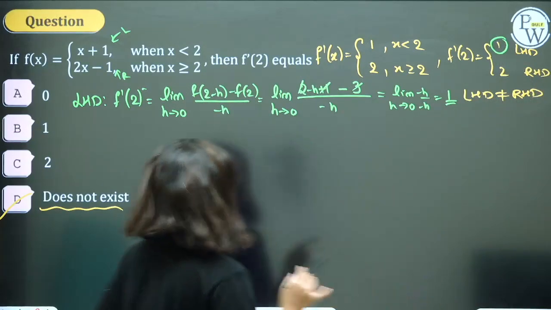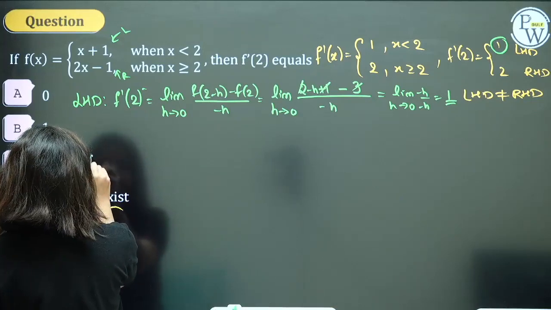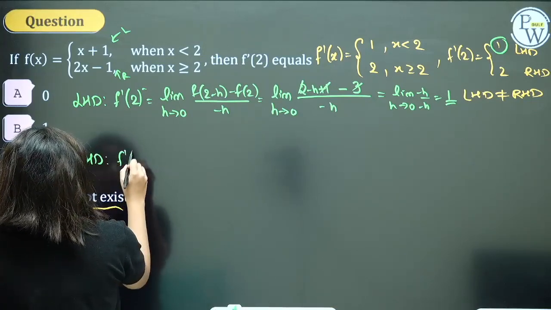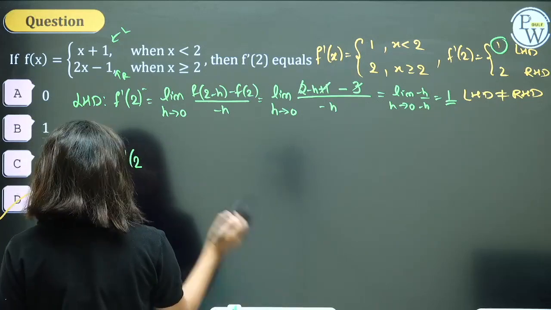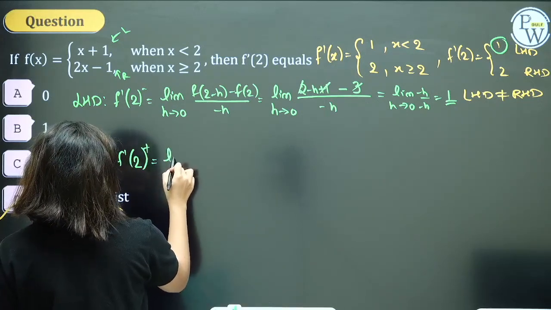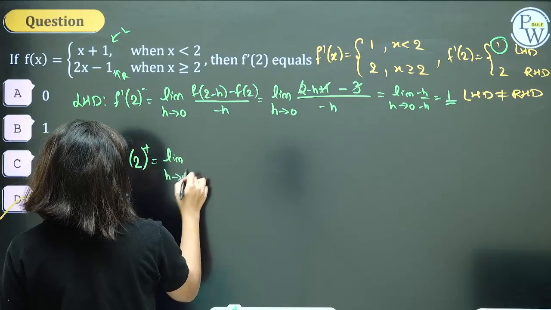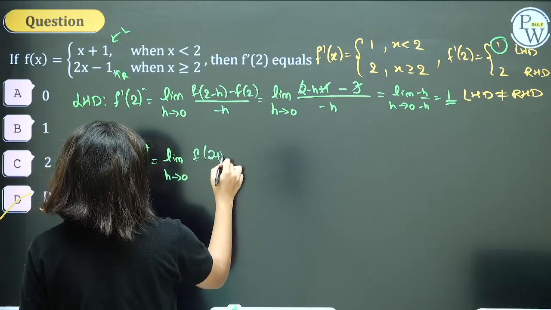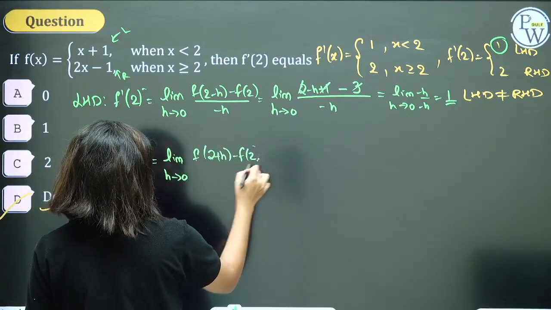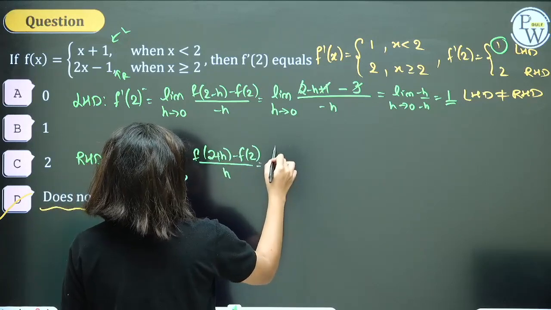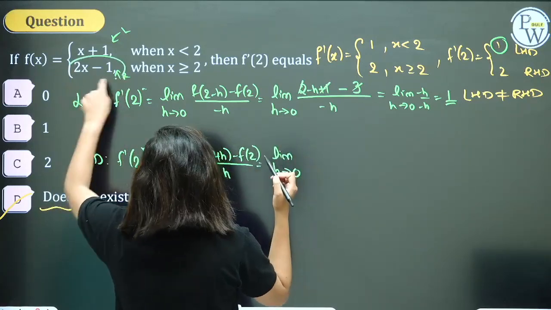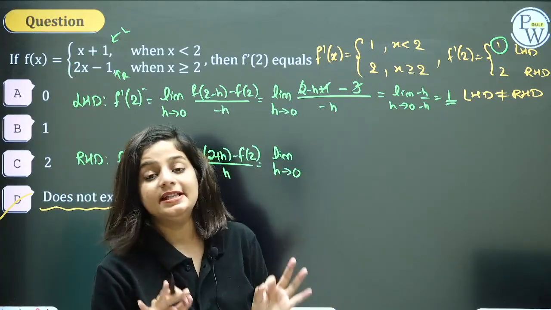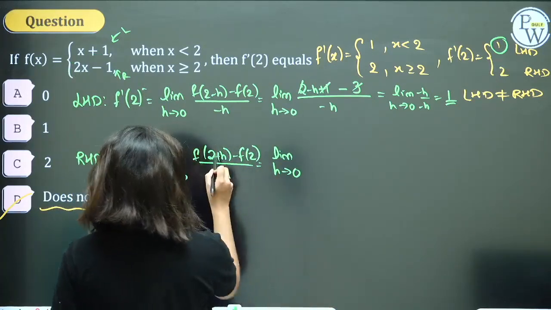Perfect. Let's go for right hand derivative. F dash of 2 plus, that's limit h tends to 0 f of 2 plus h minus f of 2 upon plus h. In the right hand function, instead of x, you will put 2 plus h.